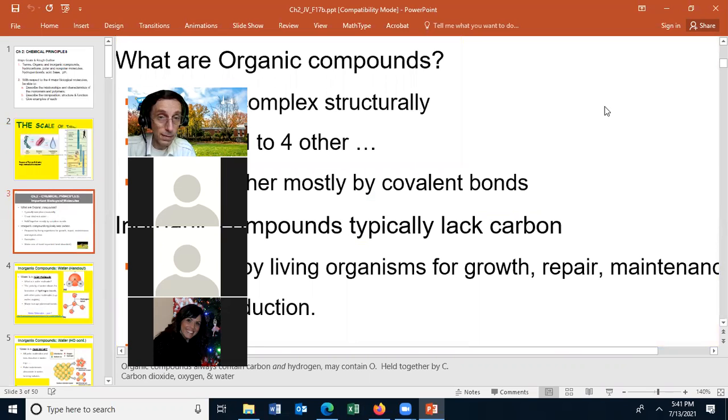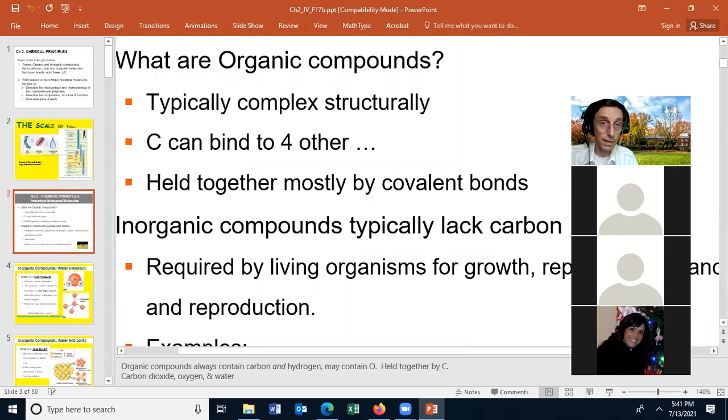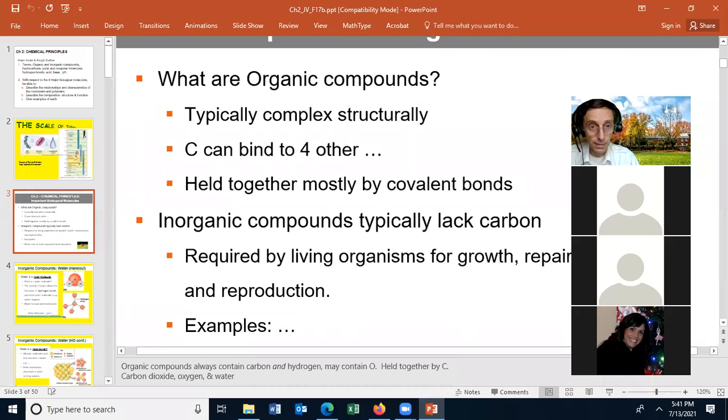When we're talking about chemistry, you should realize that organic compounds are typically complex structures held together by carbon, and the carbon holds it together with a covalent bond, and carbon can bind to 4 other atoms. Okay? Inorganic compounds typically lack carbon, although they don't always lack carbon.